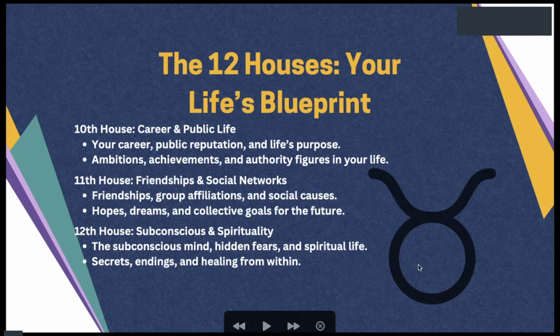The first house is connected to your ascendant, comes with certain teachers. We'll talk about those later. Fourth house, the 7th house, and now the 10th house is also connected with teachers, those angels I was talking about. Okay, the angles are angels, so keep that in mind for later.